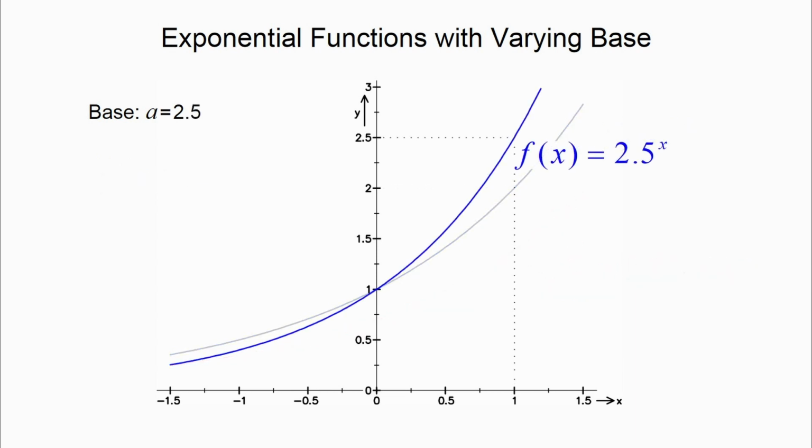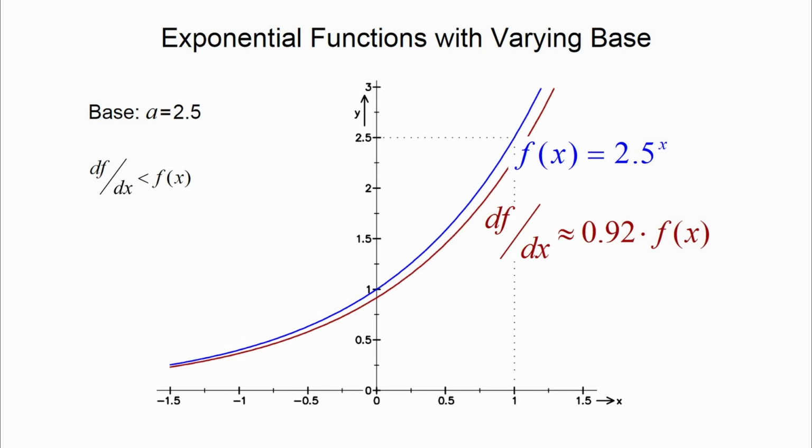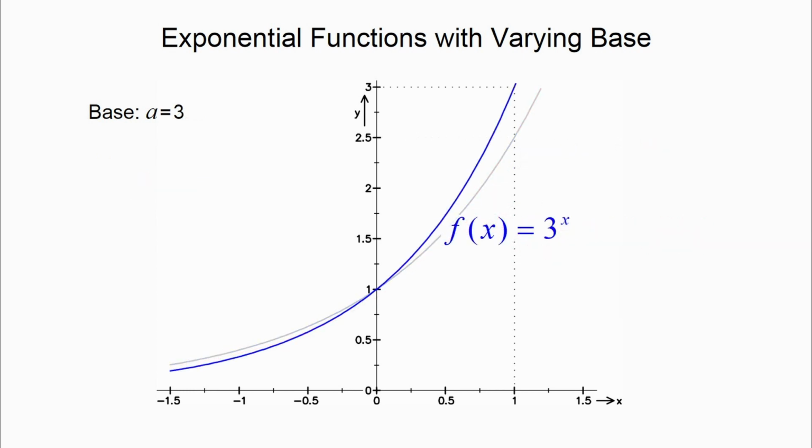Indeed, raising the base to 2.5 has the function's steepness significantly increased. Although its derivative is still smaller than the function itself, with a value of approximately 0.92 for the proportionality factor, the difference has become way smaller. Being on track, once more the base is increased, this time to 3.